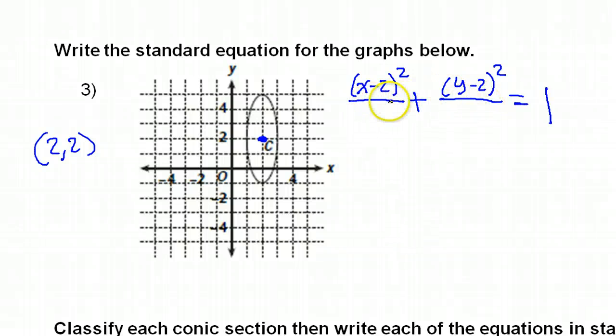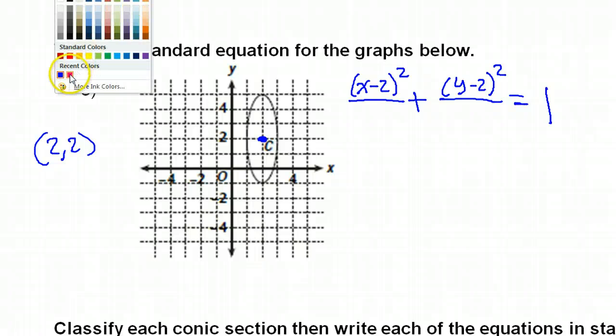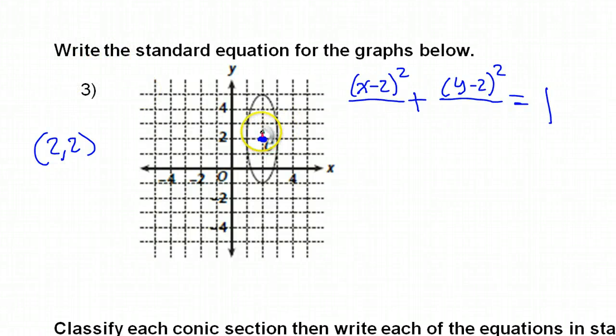For the bottom half, this is going to be our a and b value. Okay, so I'm talking about this, guys. If I look the long way here, from the center to the edge, that's 3. So that's our a value, okay? So I'll put this right here. So I know that a is 3, which means that a squared is 9.